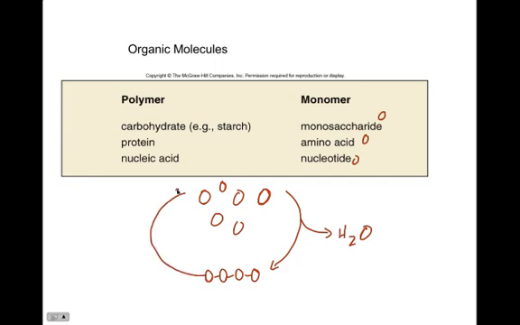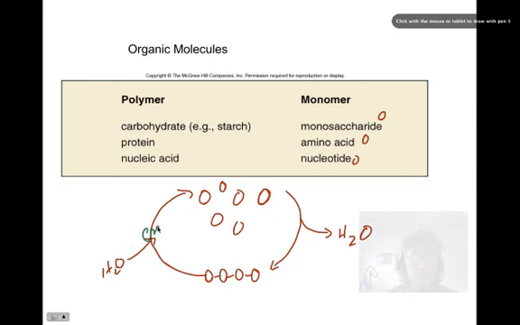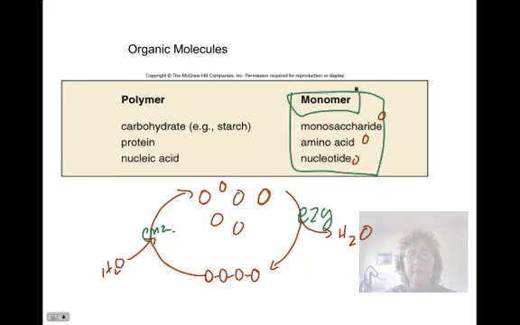Subsequently, these polymers can be broken down by another process called hydrolysis, in which H2O is added to a chemical reaction. Regardless of whether it's hydrolysis or dehydration synthesis, neither could occur unless there are enzymes that either put the molecules together or break the molecules apart. So by now you should have it pretty solid what a monomer is, and what a polymer is.